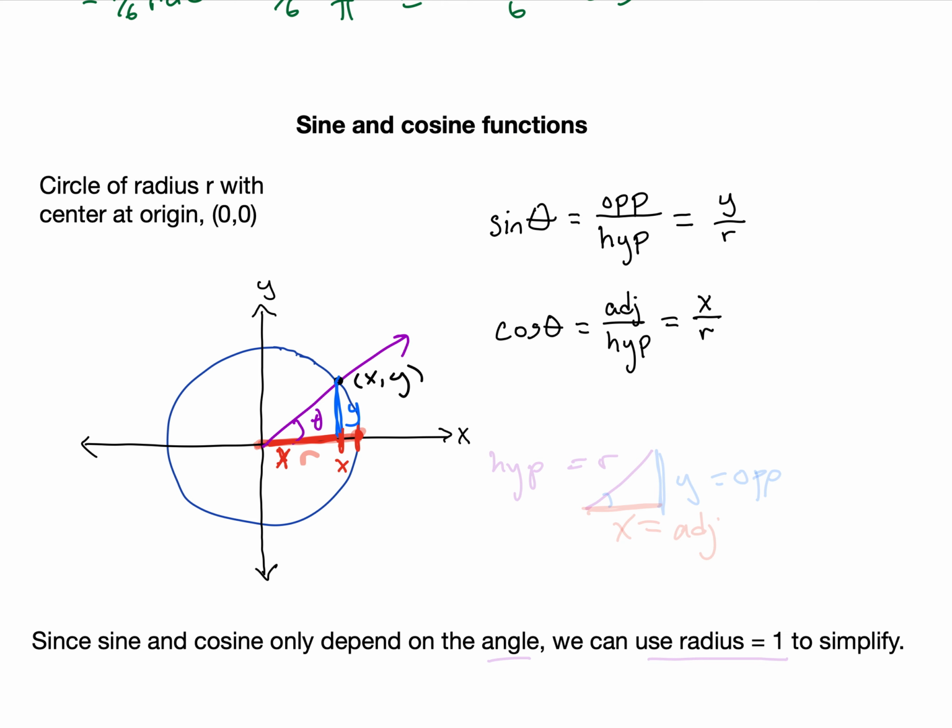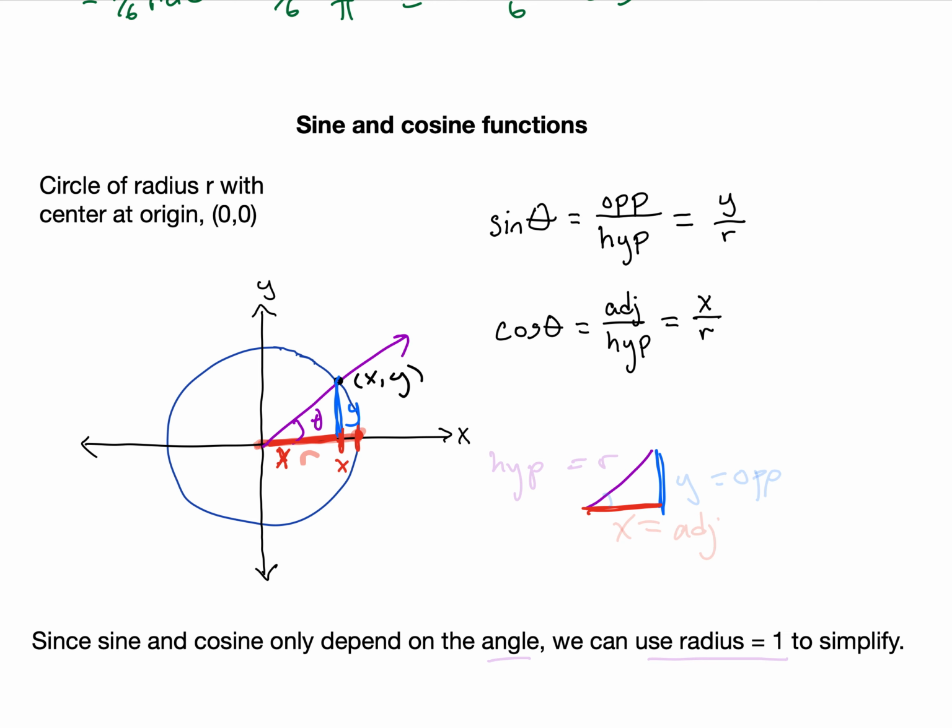Now the sine of theta is the length of the opposite over the length of the hypotenuse. So here's our hypotenuse. And our cosine of theta is the length of the adjacent side to the angle theta.